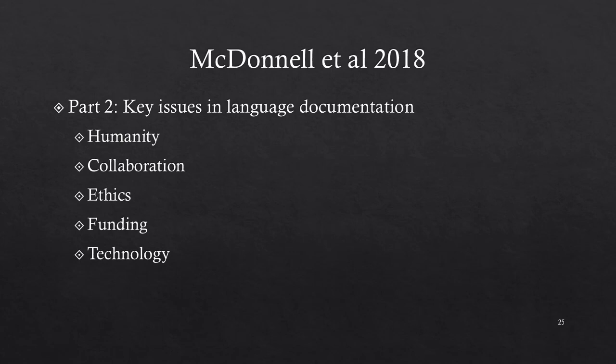The second part looks at a number of key, ongoing issues in language documentation. One is the focus on the human aspects of language documentation and how to take that into account when focused on data. Another is the aspect of collaboration and the number of different ways that collaboration can happen. Others write about the ethics of language documentation, the question of how to find funding for language documentation, and ongoing developments in technology for language documentation.